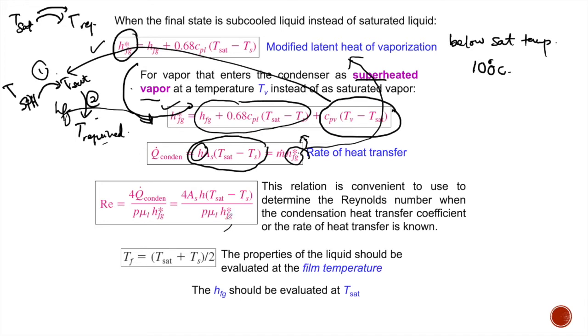Okay, the Reynolds number, you don't have to worry because each of the regions will have a different Reynolds number equation. The properties of the liquid should be evaluated at film temperature. So if you want to refer to the table, all the properties must be at the film temperature. But hfg should be evaluated at T saturation, only hfg.